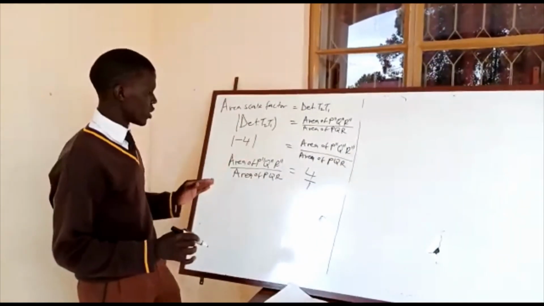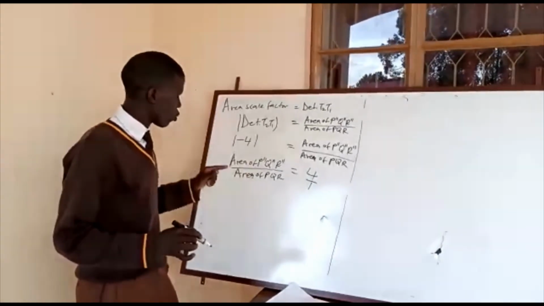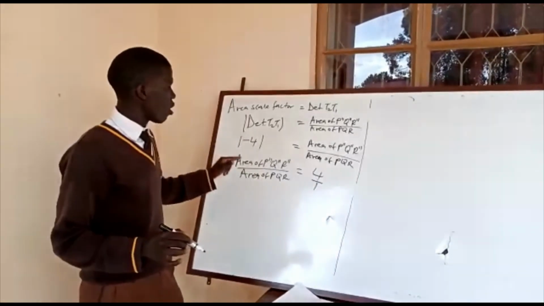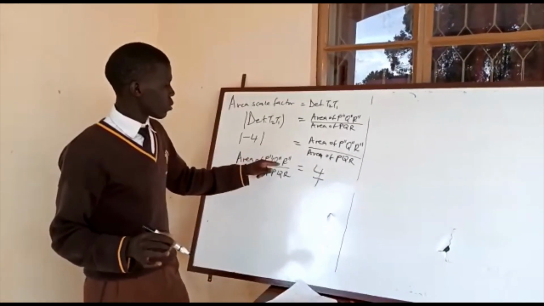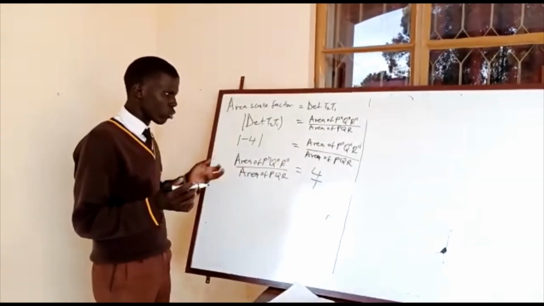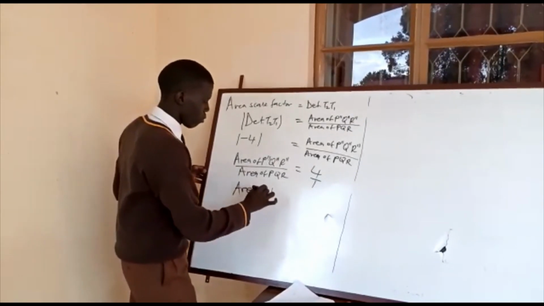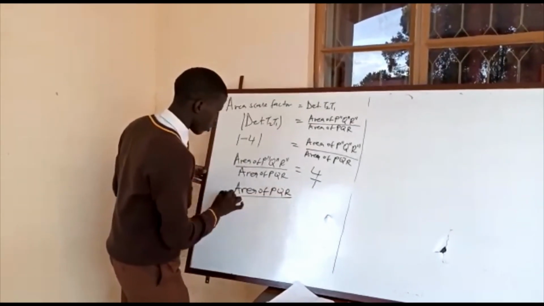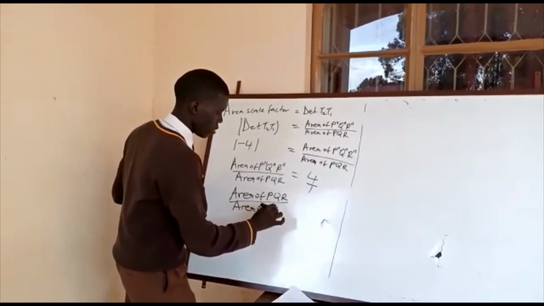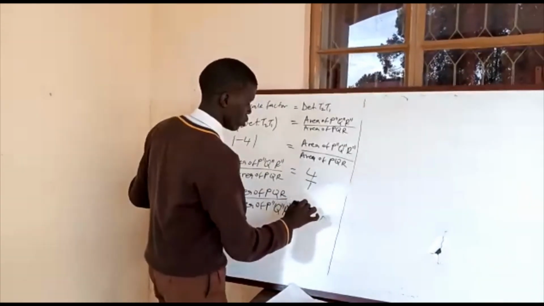Any whole number is out of 1. But what is the question telling us? The question is telling us to get the ratio of the area of PQR to the area of P double prime, Q double prime, and R double prime. Therefore, we have to get the reciprocal of both of them. So the area of PQR out of the area of P double prime, Q double prime, R double prime will be equal to a quarter.